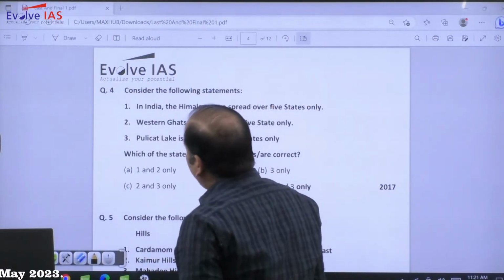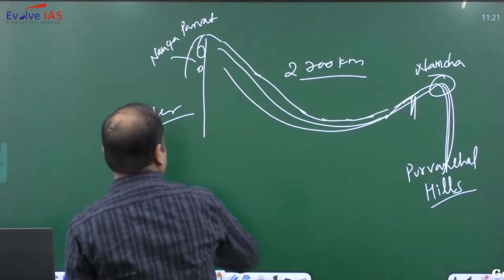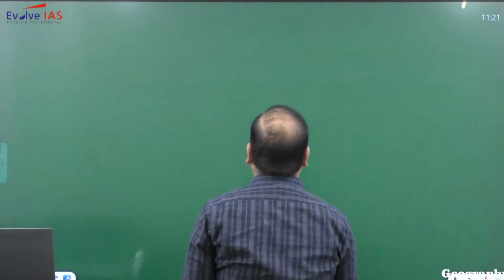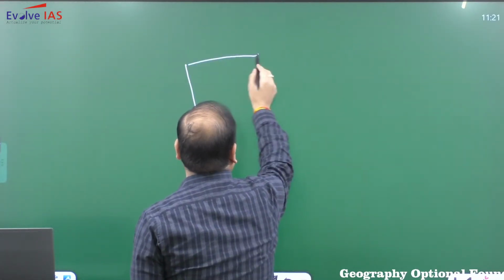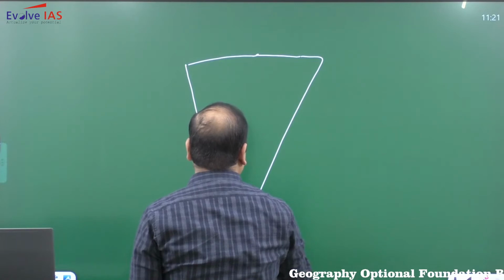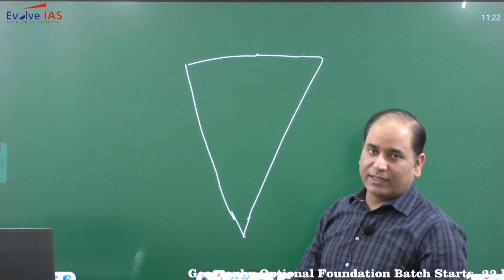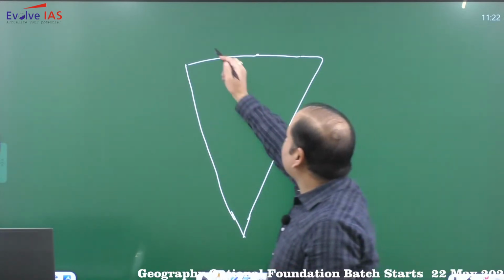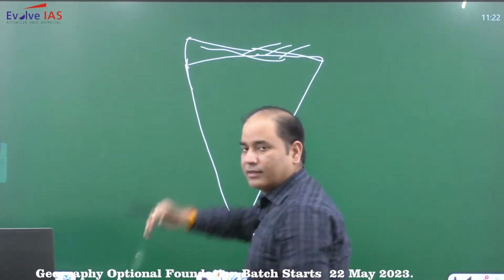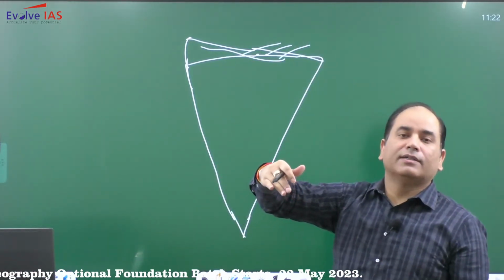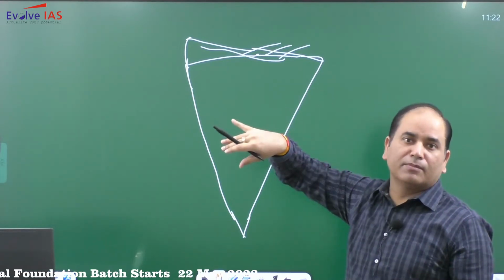Now, the second statement is associated with the peninsular plateau. The peninsular plateau is roughly triangular in shape. This triangle's northern side is made up of what? The southern edge of the northern plain. So the northern plain's southern edge forms this northern boundary.